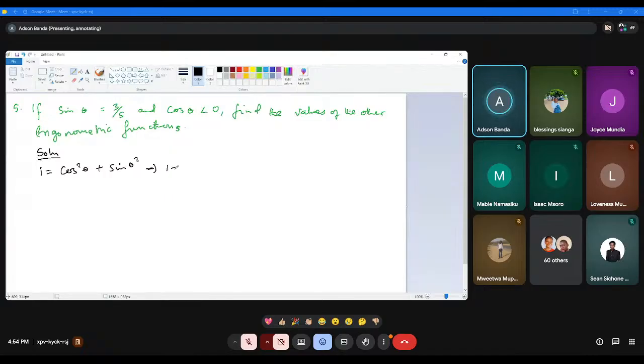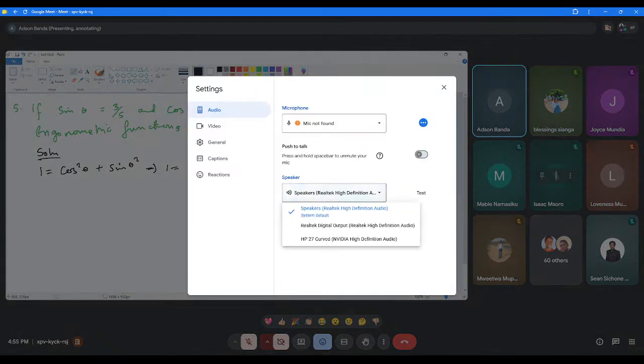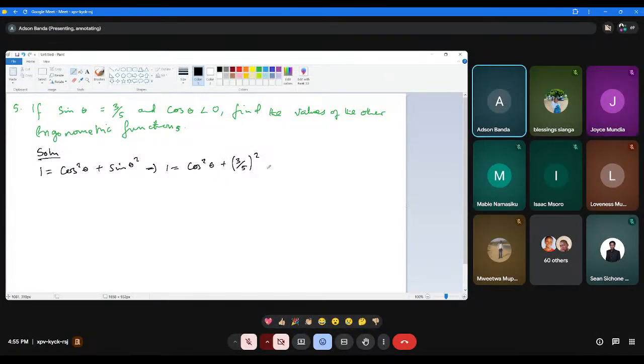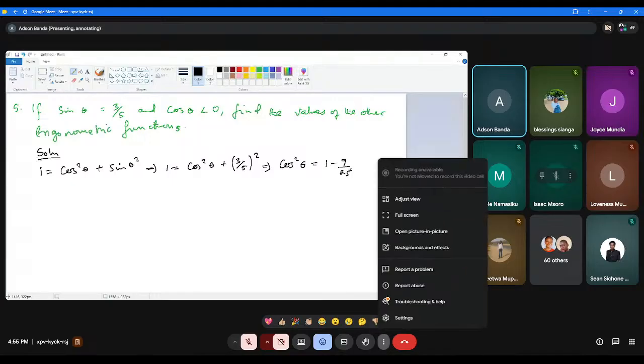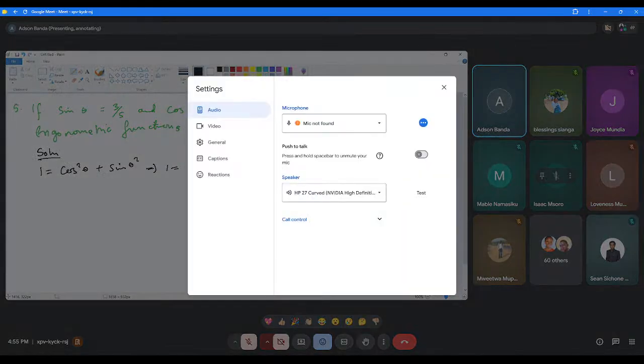So 1 will be equal to the cosine squared of theta plus, we know sine theta, so that will be 3/5 all squared. Okay, so this then implies that the cosine squared of theta will be equal to 1 minus 9/25. I hope everyone is following up to this.